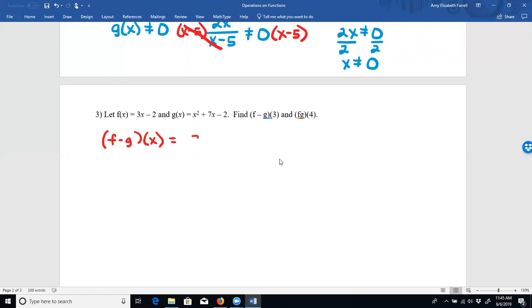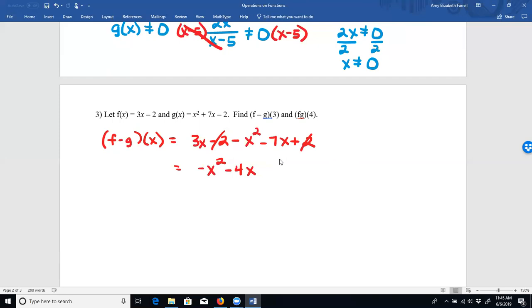So I could take f and subtract g. Now remember, when I subtract g, I do want to subtract all terms of g. So all terms are going to change sign. So I get negative x squared minus 4x. That's it, because the negative 2 and the positive 2 cancel.